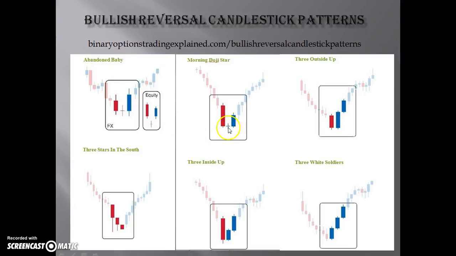Now each of these patterns operates in a similar manner. For instance, in the case of the three stars in the south, a bearish candlestick forms, a bearish candlestick forms again, and then you have this one, which forms a hammer, first hammer, second hammer. Then you have the marubozu, I think, though I don't really remember the name of what it's called.